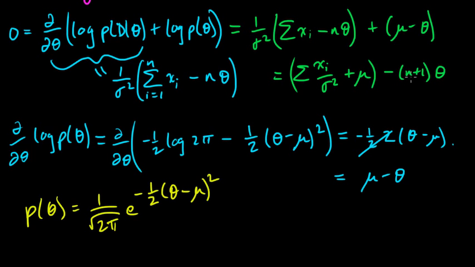Oh wait, I needed a 1 over sigma squared for my n here: n over sigma squared. Okay. So we can move this over to the 0 side. So this all implies that n over sigma squared plus 1 theta equals this other side.